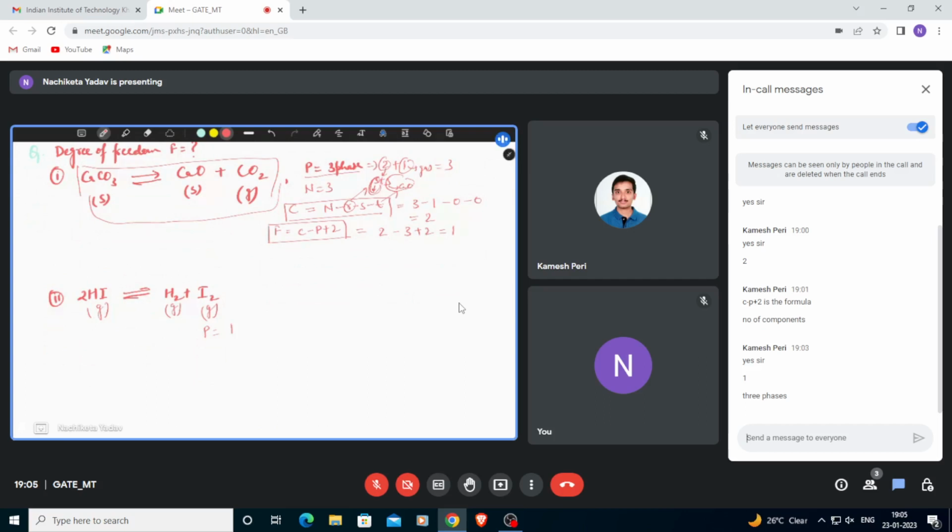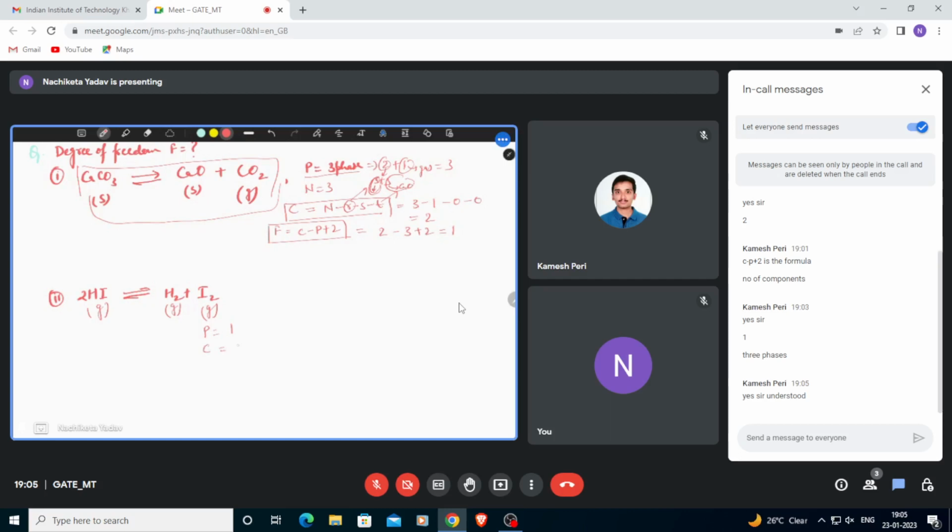We cannot identify which one is H2, which one is I2, and which one is HI, right? So here we can calculate the C value.